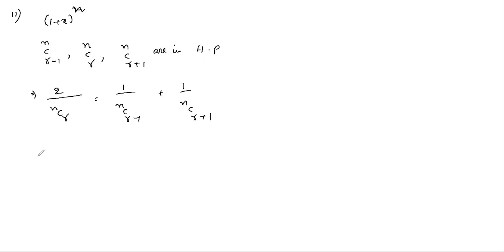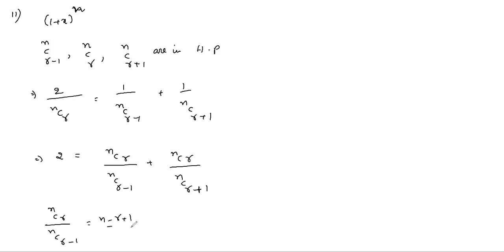So you take nCr to the right side, 2 equals nCr by nCr minus 1 plus nCr by nCr plus 1. In binomial coefficients, we have one formula: nCr by nCr minus 1 equals n minus r plus 1 by r.